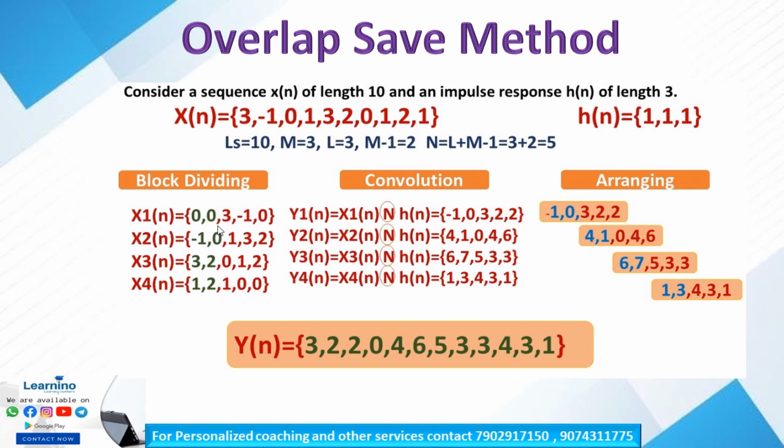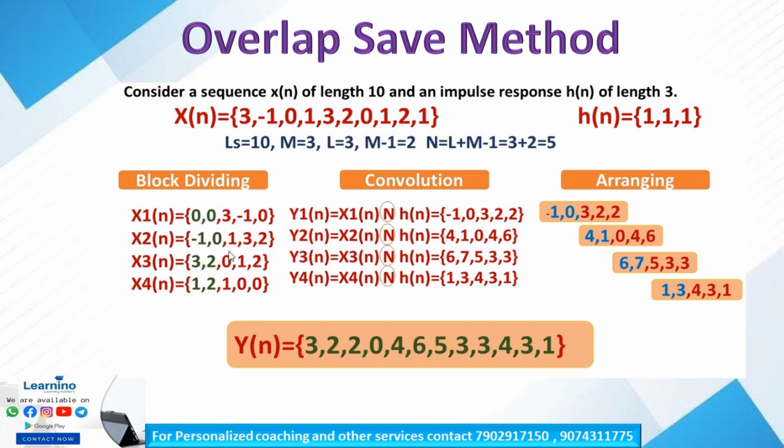Each block consists of the last M minus 1 data points of the previous block, and M minus 1 means 2, followed by L new data points. L we have as 3, so 3 new data points.